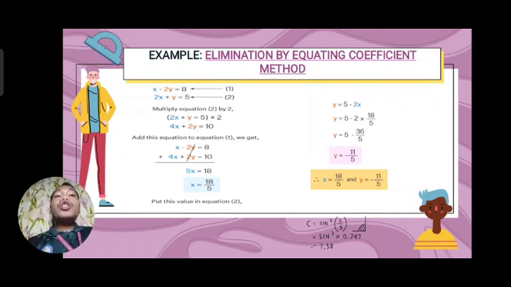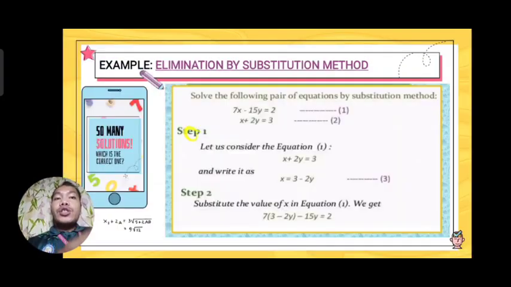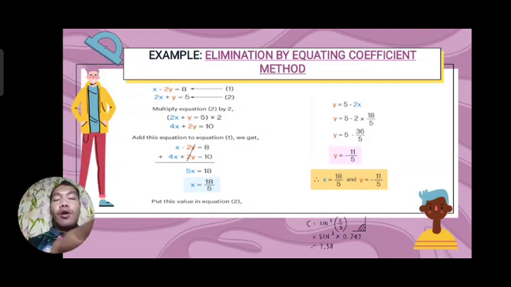So here we choose the first equation, and then we choose to eliminate the 2y. It's up to you if you want to choose the 4x or the 2y. Here I choose the 2y to eliminate and to get the value of our x.